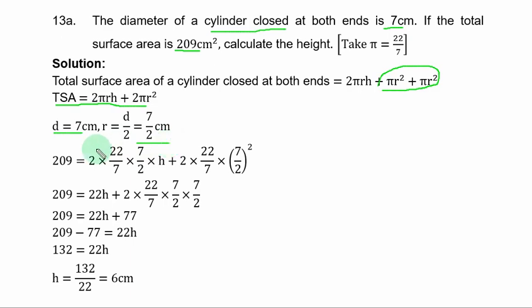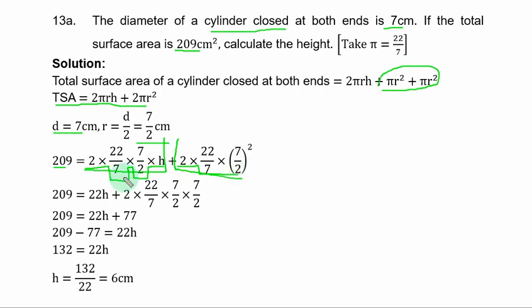So TSA is 209 equal to 2 times pi, 22/7, times radius, 7/2, times height, that is h, which is unknown, plus 2 times 22/7 times 7/2 all squared. Note that this is one term and this is another term.